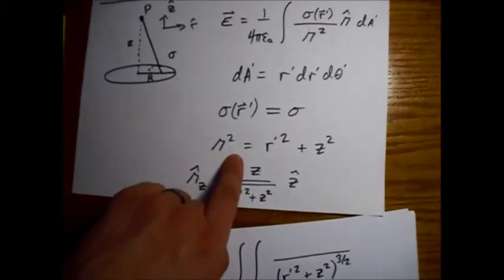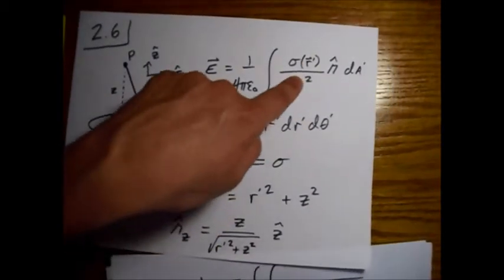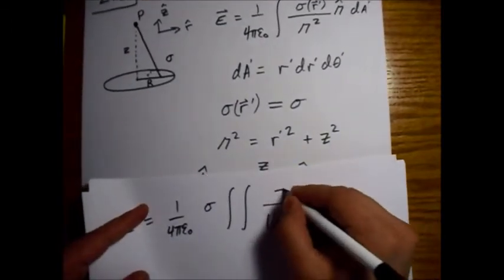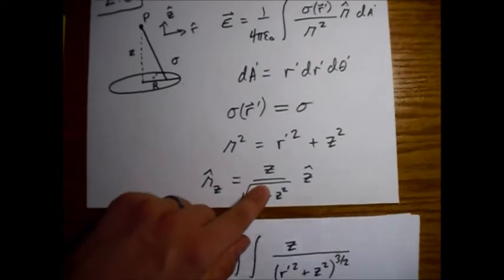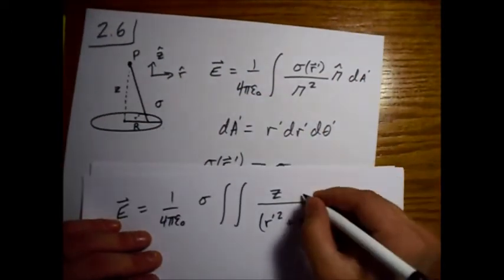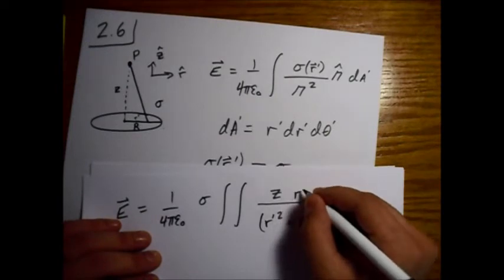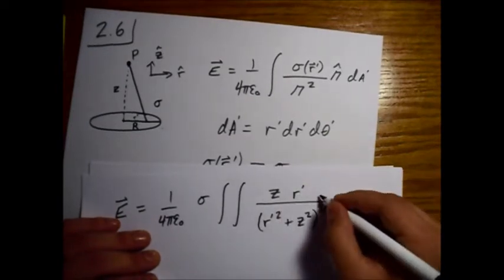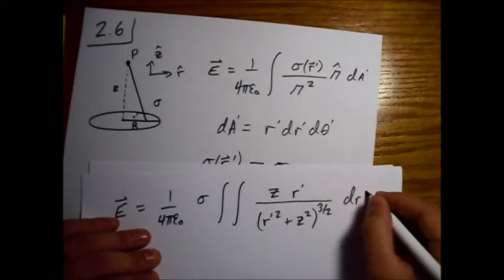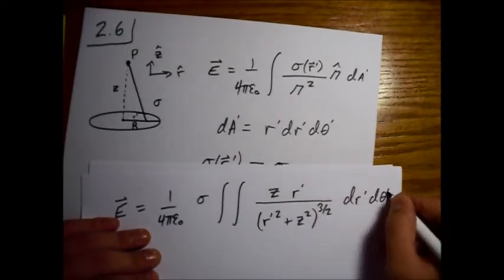So we took care of this cursive r squared part. We need this z up top from this, and now we need our dA. So we have an r prime, and then I'll write these out here, dr prime, d theta prime.